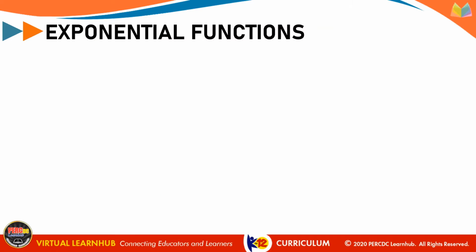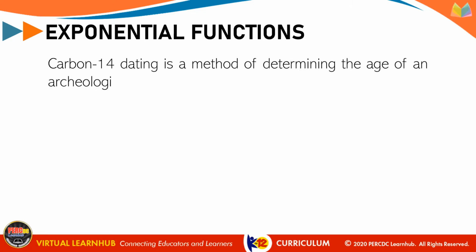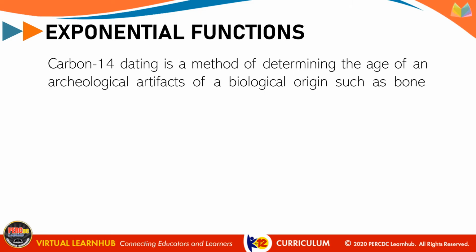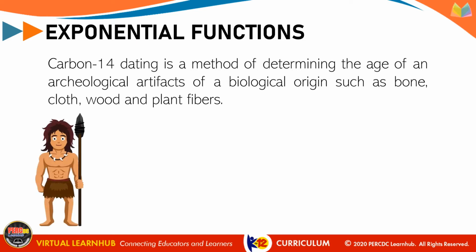One major example of exponential function is the carbon dating, or more specifically, carbon-14 dating. Carbon-14 dating is a method of determining the age of an archaeological artifacts of a biological origin such as bone, cloth, wood, and plant fibers. While a person or any organism is alive, the amount of carbon-14 and carbon-12 in its body is always proportional.